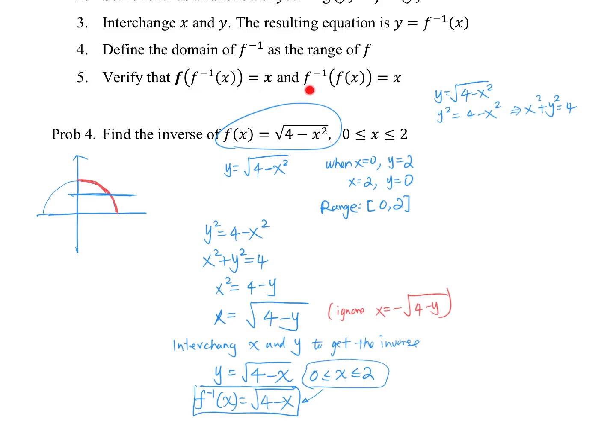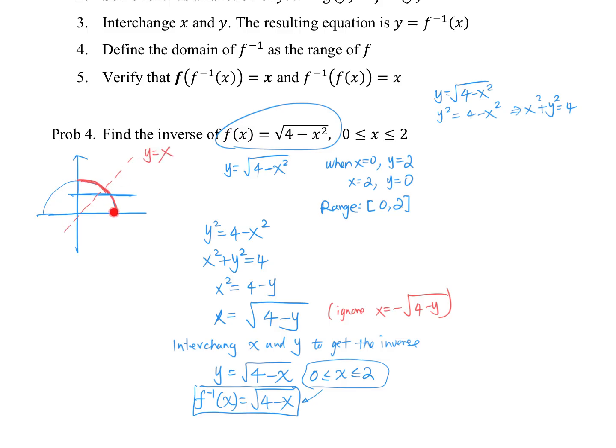Now, feel free to check using the definition as the last step. Well, I'm going to skip that because I know it actually is its inverse. By the way, now time for you to compare its inverse and the original function. Do you see that they are actually identical? Hopefully, you are not surprised because what we are looking at is the part of the circle in the first quadrant, and it's definitely symmetrical with respect to the identity line y equals x, right?